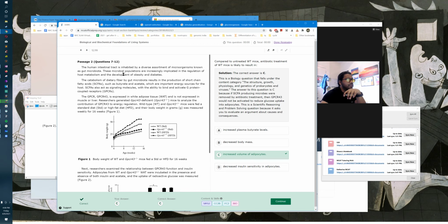Okay, so if you give antibiotics, energy sources, then let's see. The energy source in the form of SCFAs acts as signaling molecules that bind to GPCRs. There's a particular GPCR43, and that's in white adipose tissue, but not in the muscle or liver.